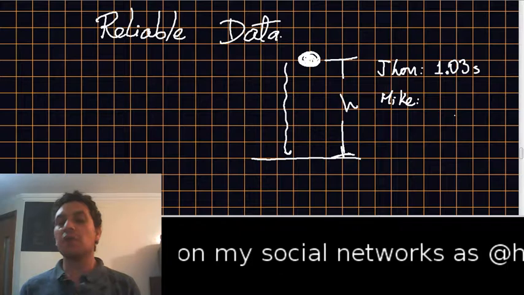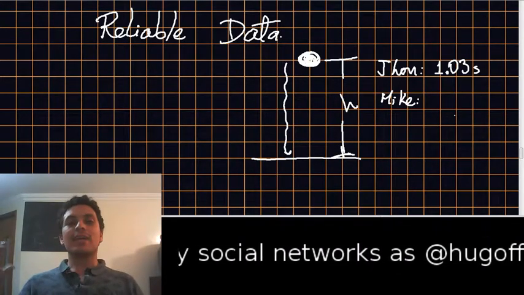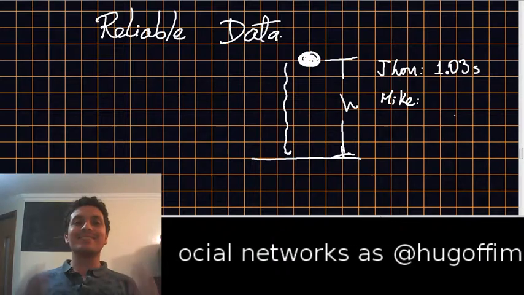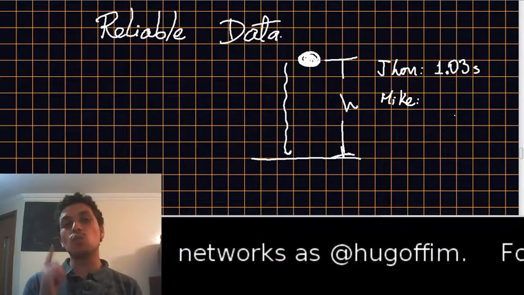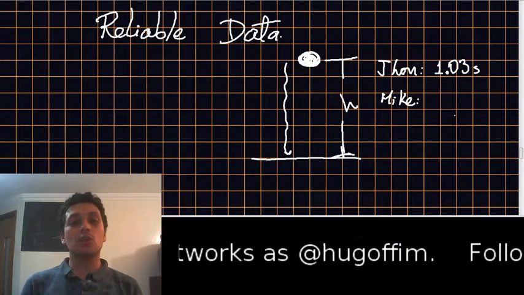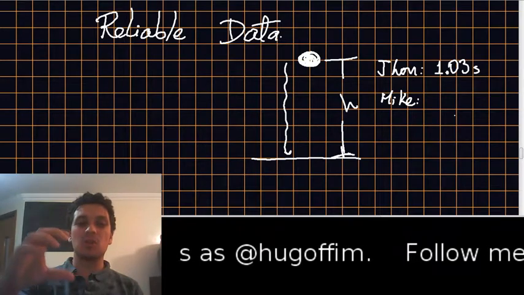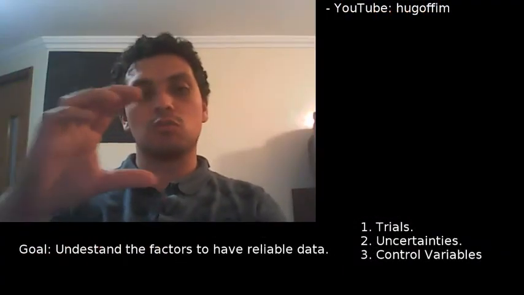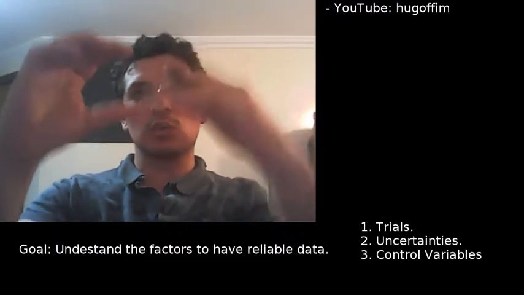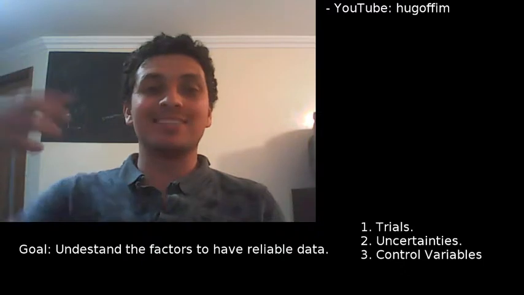So we can say, okay, John, that's nice, but there are many factors that John is not taking into account to take the data, because if you give it just one trial, you don't know what your reaction time is, or you don't know if you put your ball in the same position all the time, or maybe you don't let the ball drop at the same time.